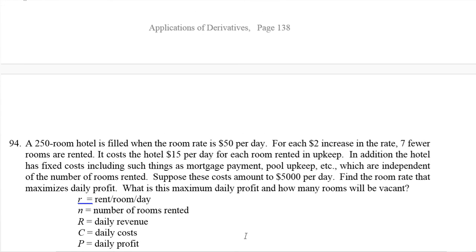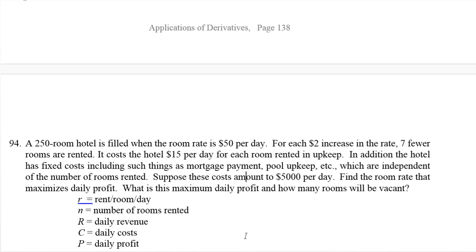So let's use these letters. Again, we'll use little r for the rent, in dollars per room per day. n is the number of rooms rented. Capital R is the daily revenue. Capital C is the daily cost. And capital P is the daily profit. See if you can figure out what this one is. We want to know what rate we need to charge to maximize the profit.